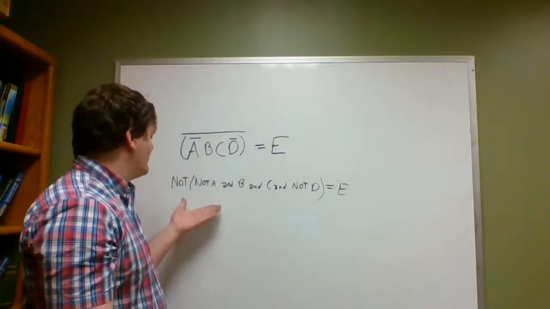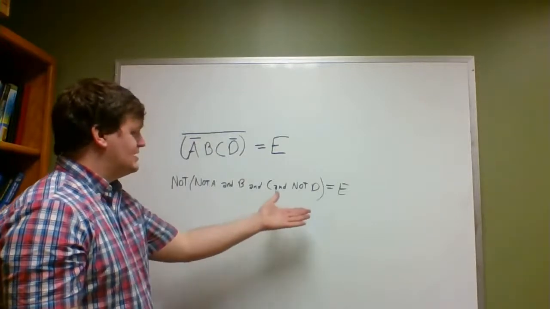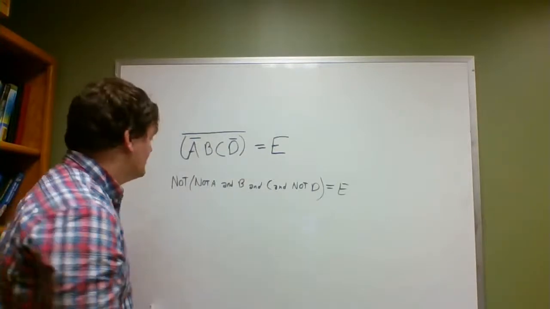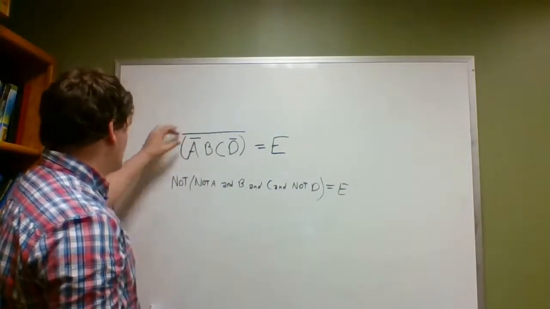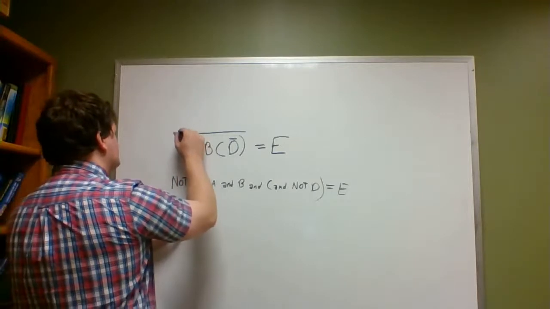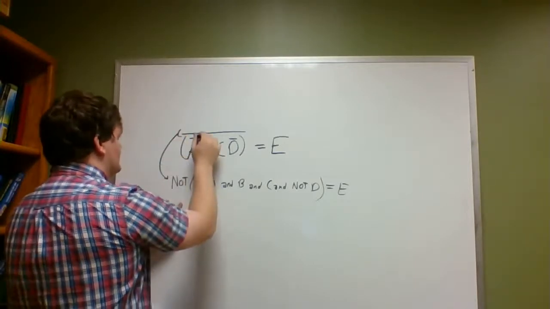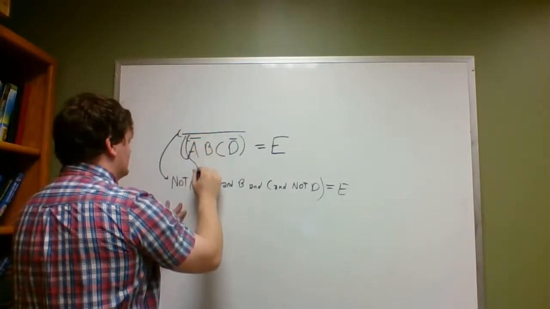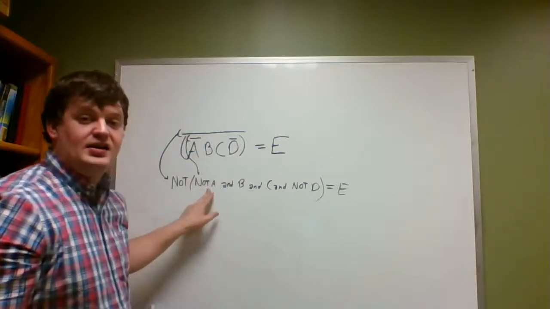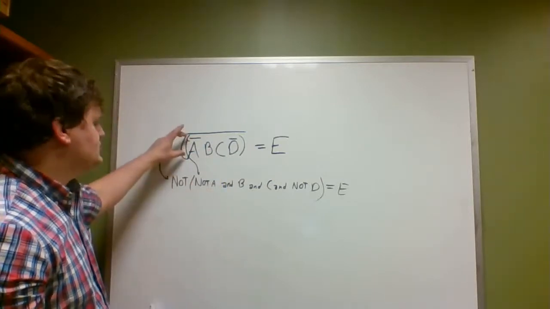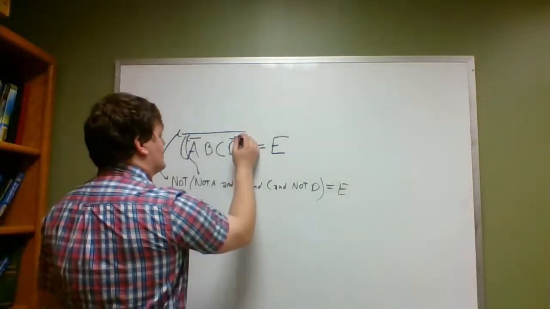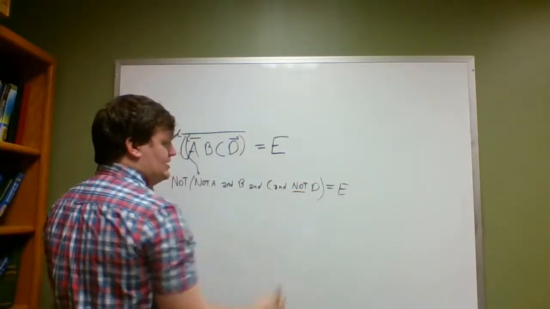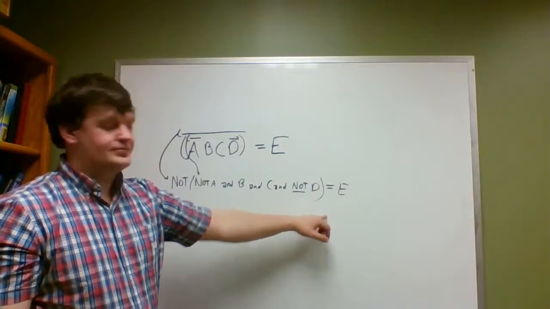So we have not A and B and C and not D equals E. Okay, just writing this out. This piece right here goes right over in front of the A. It is a not A because it is directly over the A. This piece right here goes directly over D. It is not D. Okay?